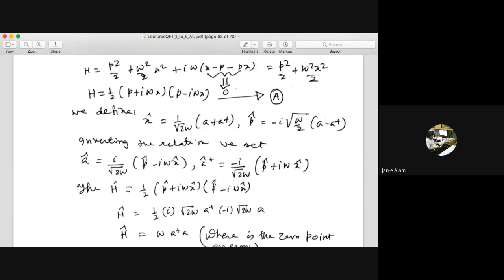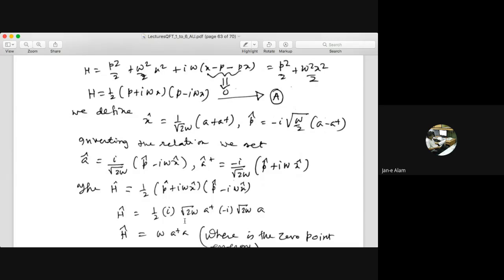Now you see what has appeared here. This p minus i omega x is just the annihilation operator, with, of course, a constant. And this p plus i omega x is just the creation operator.